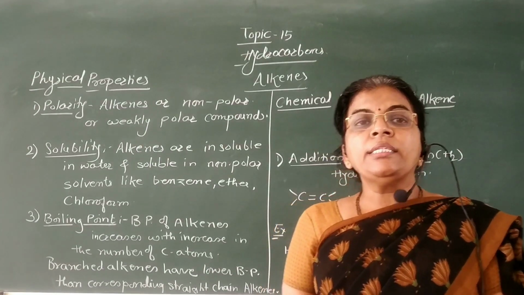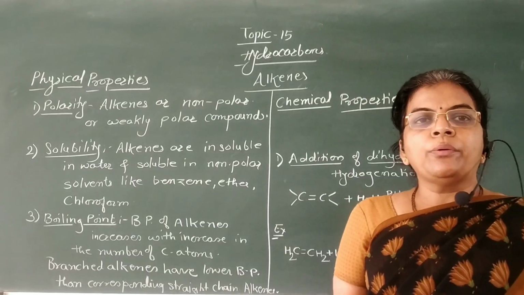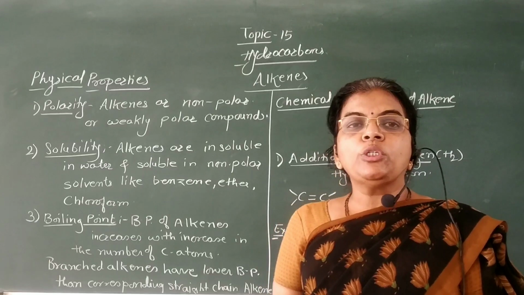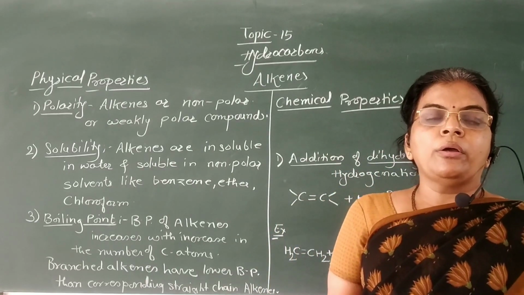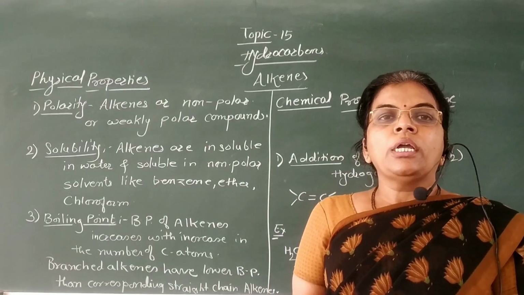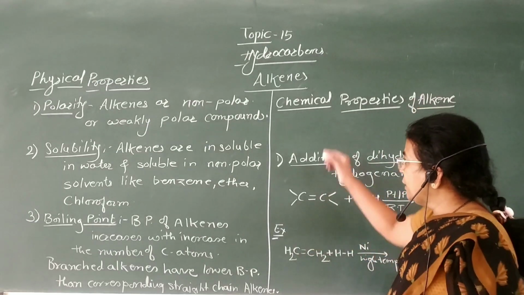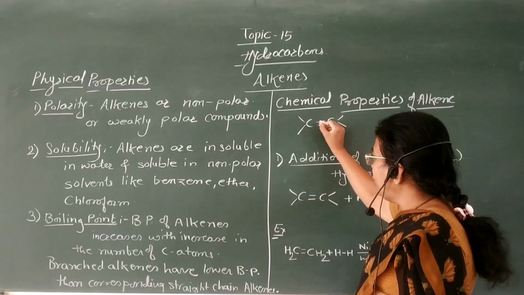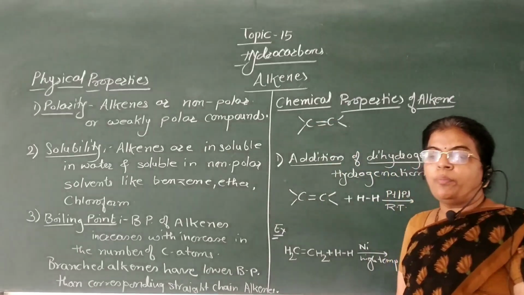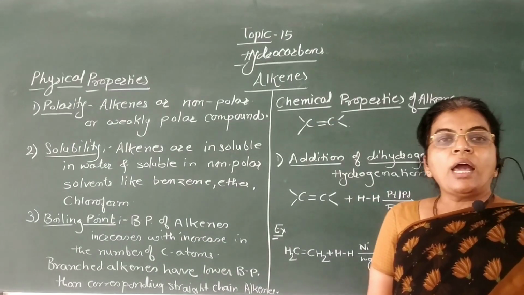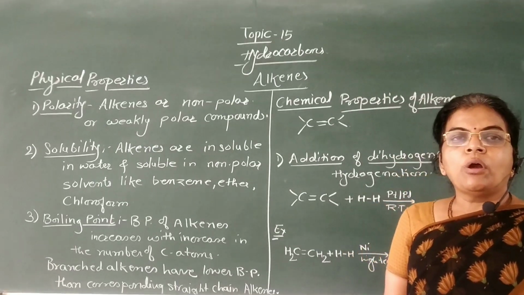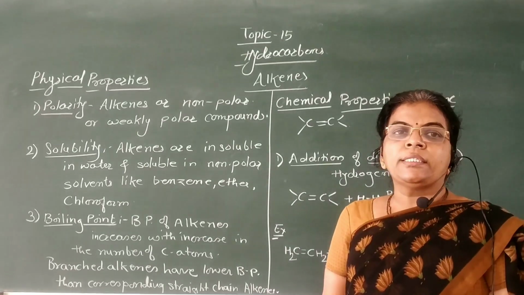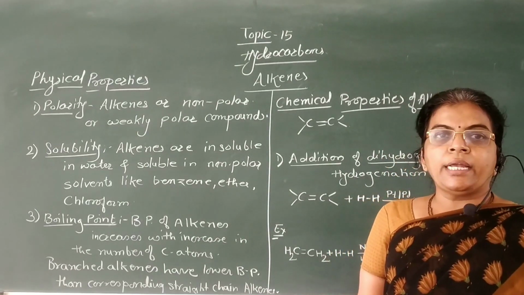Now these alkenes are more reactive than the corresponding alkanes. This is due to the presence of pi bond or pi electrons in the alkenes. That is, alkenes possess a carbon-carbon double bond, and the pi electrons are weakly bonded electron pair, and therefore these alkenes easily undergo addition reaction.